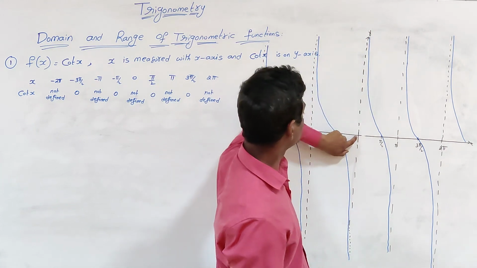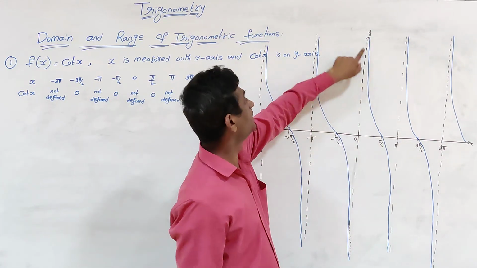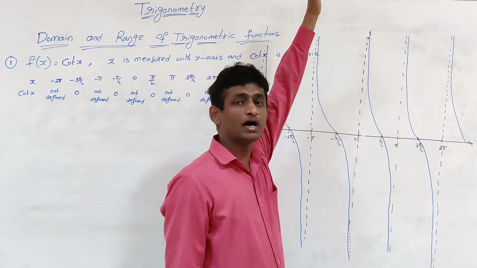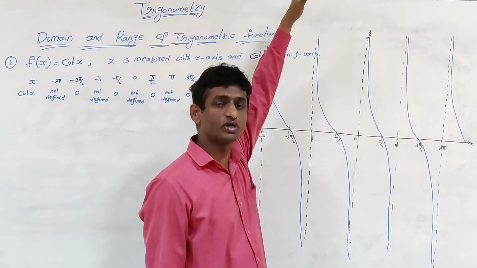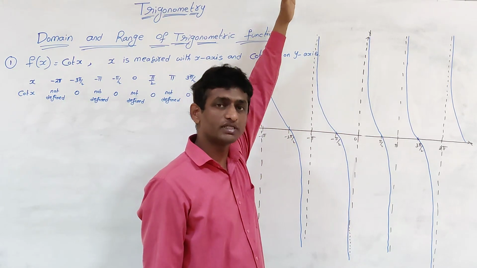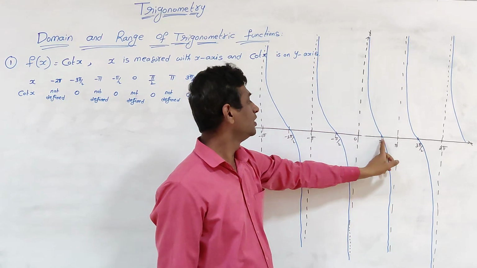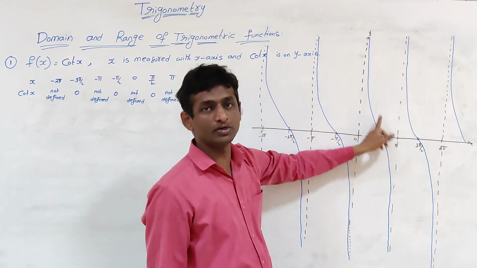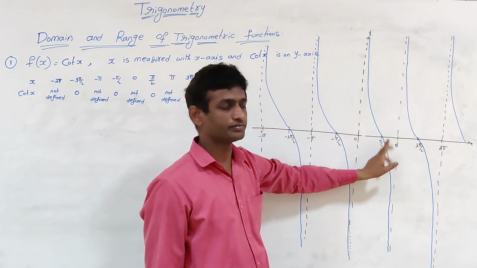When x moves from 0 to pi by 2, it is decreasing. It is starting from plus infinity and slowly decreasing, and when it reaches pi by 2, it will be 0.